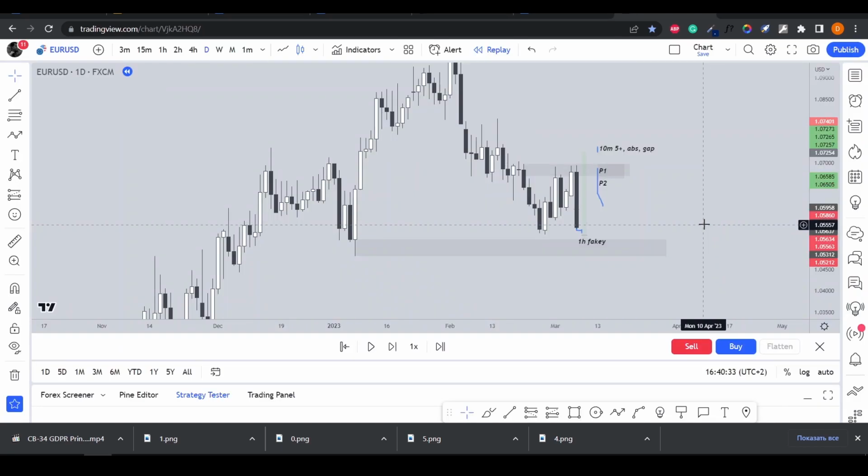First trade was for Euro USD, and I think you watched the outlook that I pasted before this, so you should be able to understand why I was overall bullish from this place.